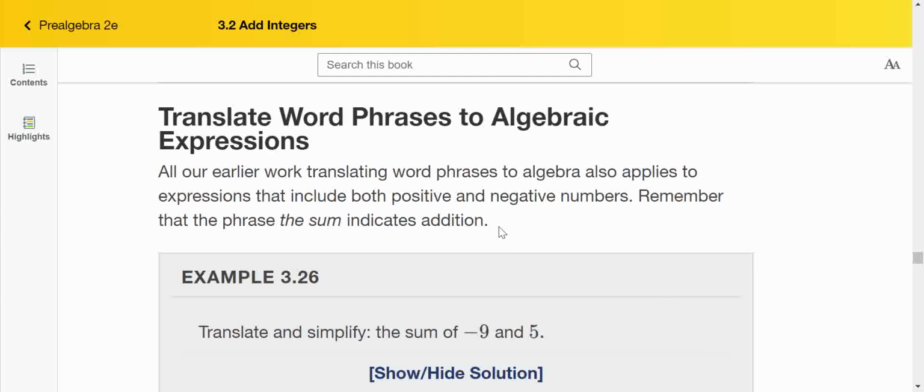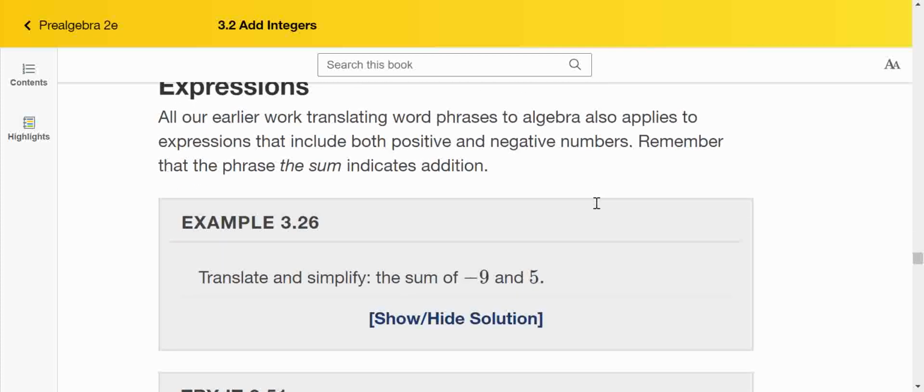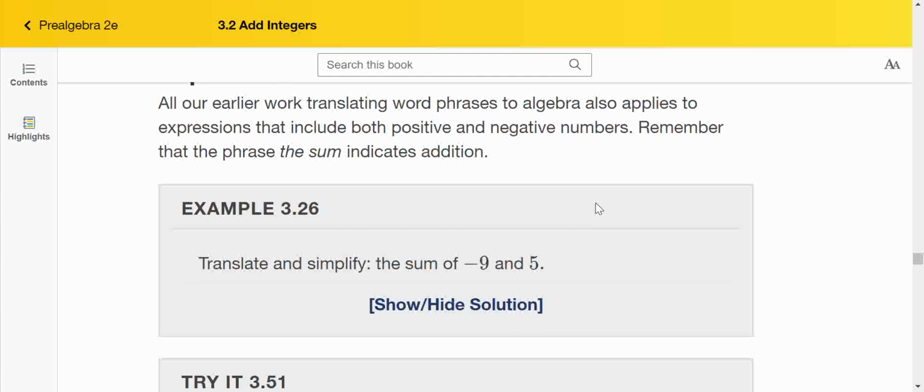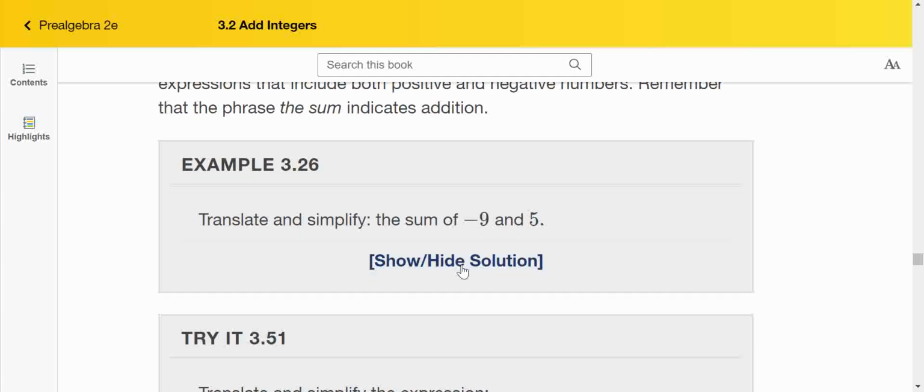Translate word phrases to algebraic expressions. All our earlier work translating word phrases to algebra also applies to expressions that include both positive and negative numbers. Remember that the phrase the sum indicates addition. Example 3.26.